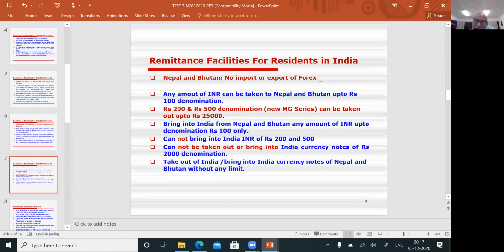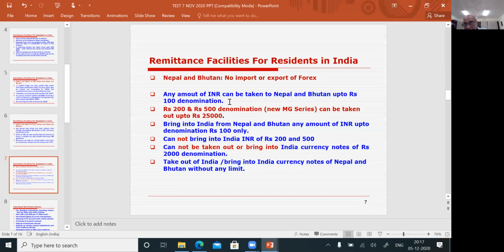But there are certain limitations. From there, questions will come, so you should be able to answer the question. Any amount of Indian rupee can be taken to Nepal and Bhutan up to 100 rupees denomination. 2 crores you can take, 10 crores you can take. Any amount of Indian rupee can be taken, but the denomination should not be more than 100. 200 rupees denomination, you cannot take unlimited.